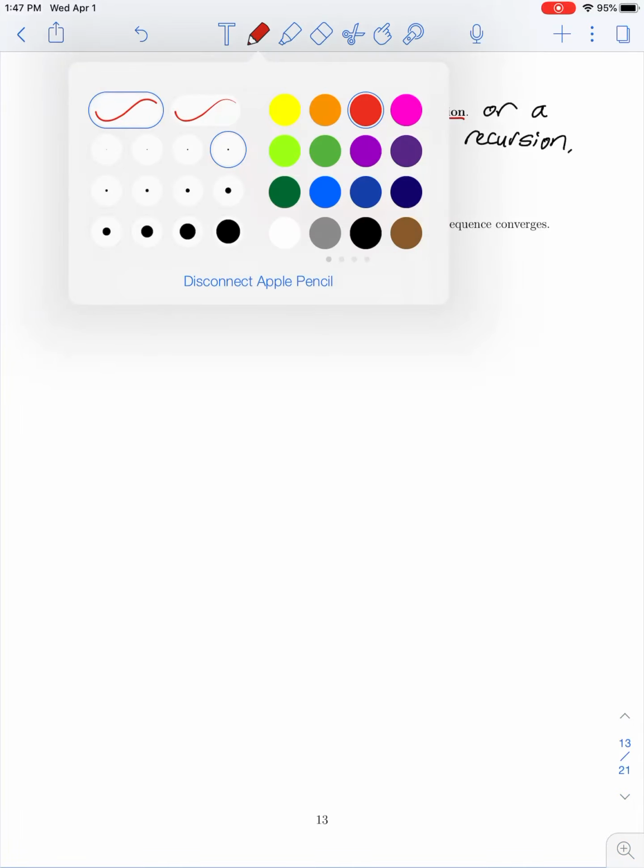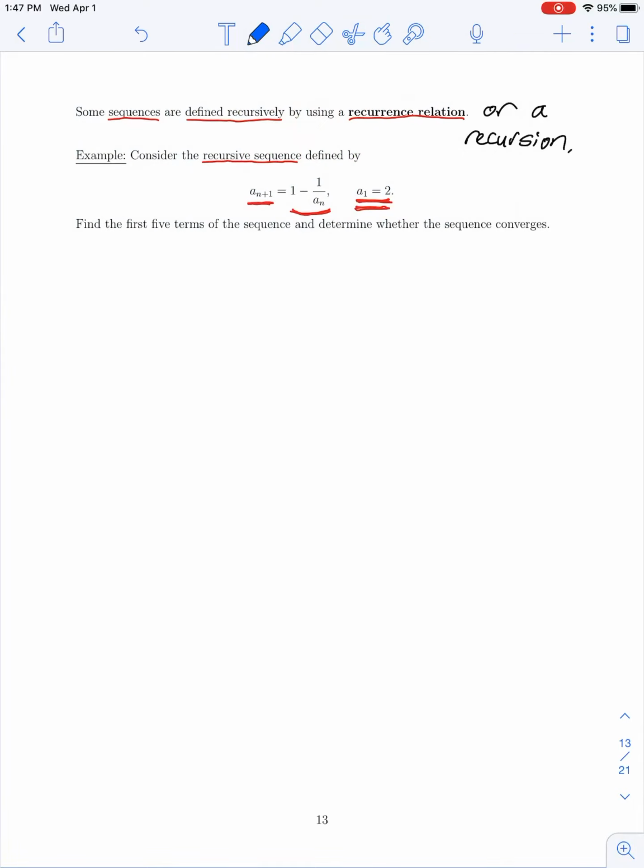So for these recursive sequences, we're always given the first term of our sequence. In this case, a1, which is equal to 2. And this equation that we're given is called a recurrence relation, or a recursion. And what this recursion says is to get the next term in your sequence, that is a n plus 1, you're going to take 1 minus 1 over a sub n.